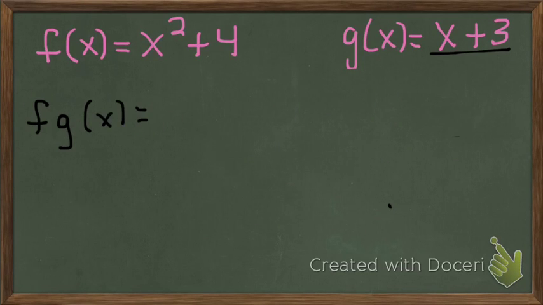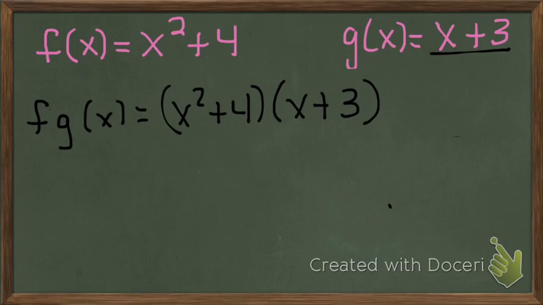Multiplication, f times g of x. So we write down f times g of x. For this one we're going to have to multiply these together using FOIL, or you could use the box method, depending on how you prefer to do it. I'm going to do both ways.